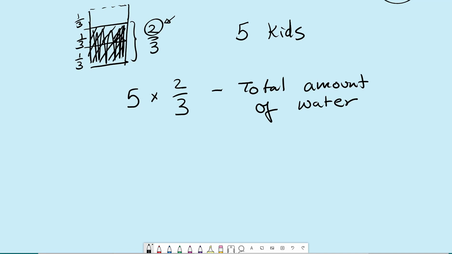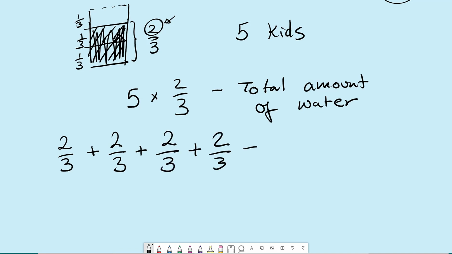But you'll see it's exactly the same thing. When we do 5 times 2/3, we do exactly what we did before. We say we're going to take 2/3, right, plus 2/3 plus 2/3 plus 2/3 plus 2/3.